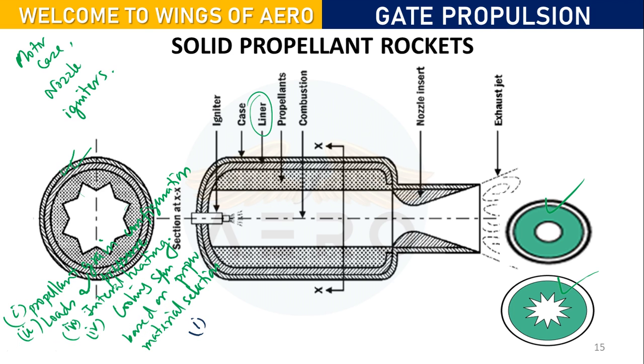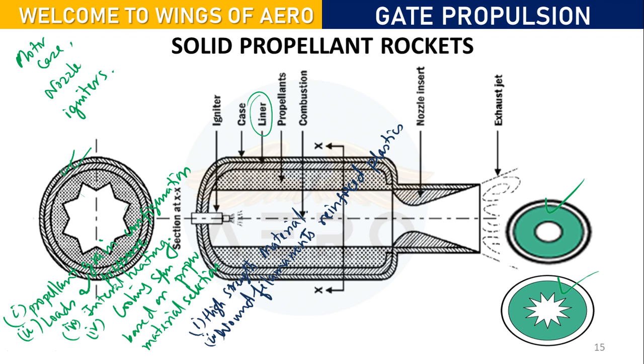They use a high strength material. Second, they use wound filament reinforced plastic. So you can expect a small question, which one among this will be suitable for fabricating these solid rocket motors.